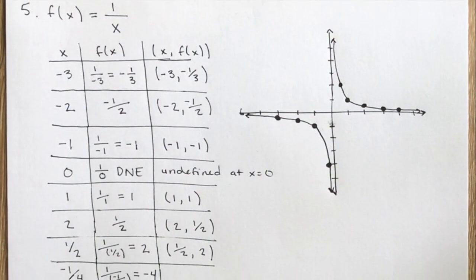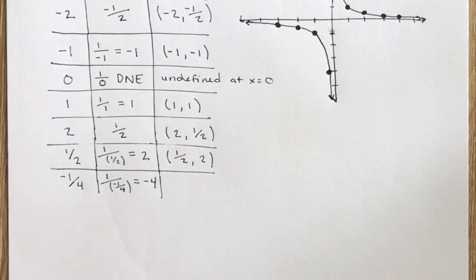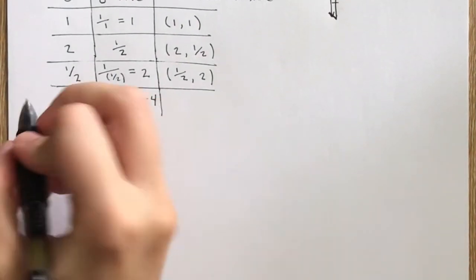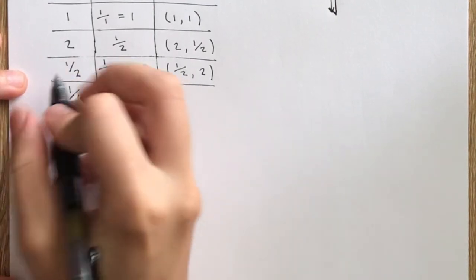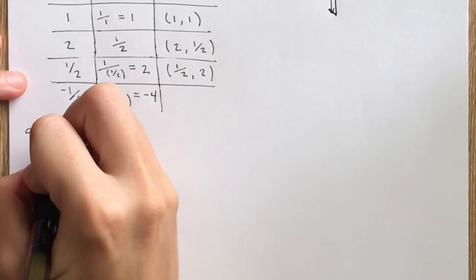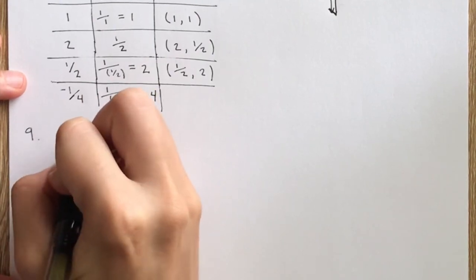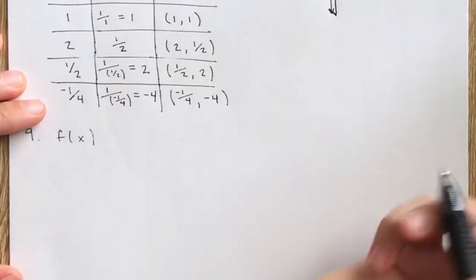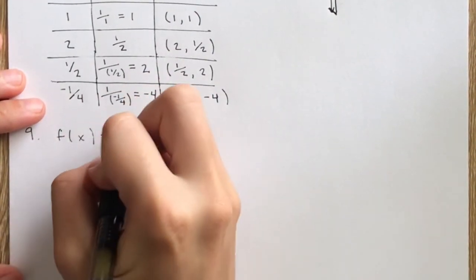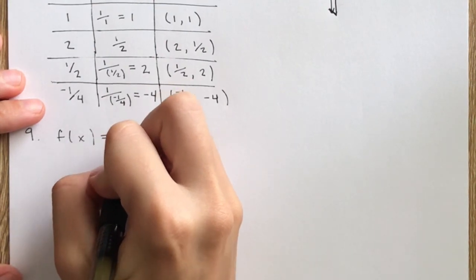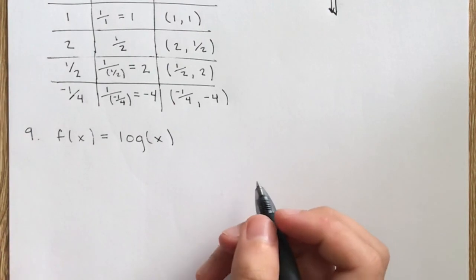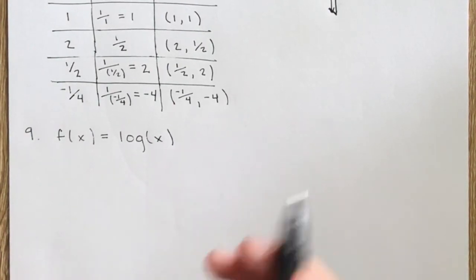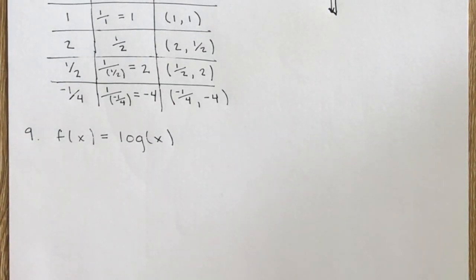Other one that I would like to go over with y'all is number 9, which is f of x equals log of x. This one is one that we definitely are going to need calculators for.